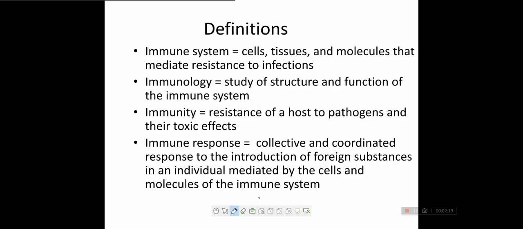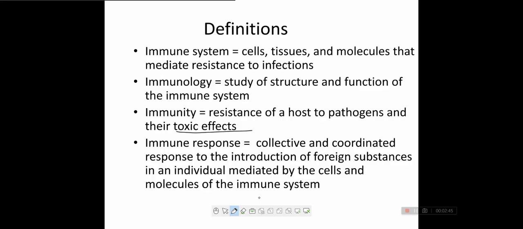Clear? Next, immunology. What is immunology? Immunology is the study of the whole immunity, the study of the structure and function of the immune system. Next is immunity: resistance of a host to pathogens and their toxic effects.